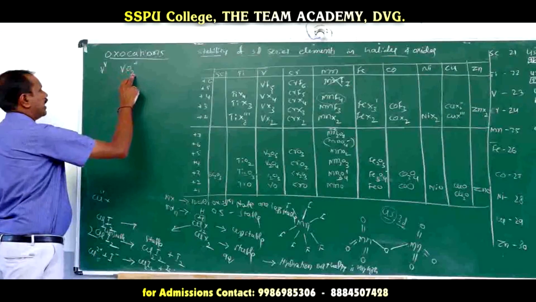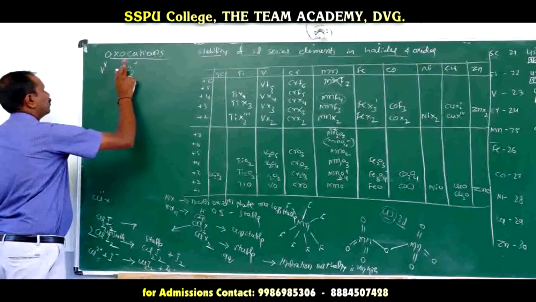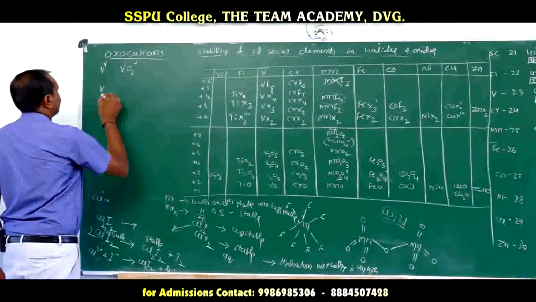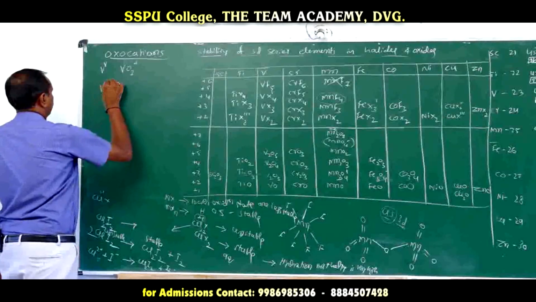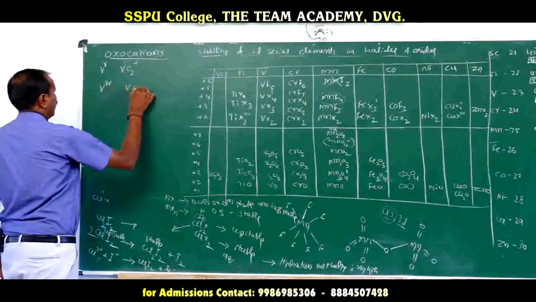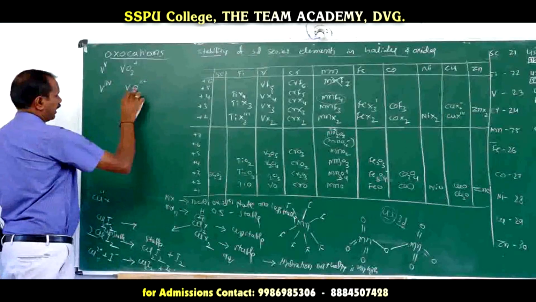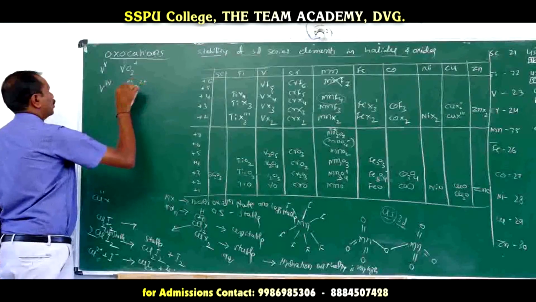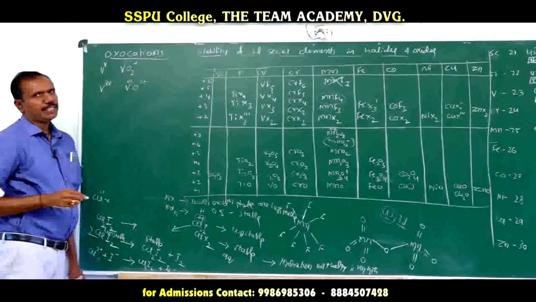Oxygen is -2 into 2, that is -4, so it becomes +1 when the oxidation number for V should be +5. Then vanadium in the oxidation state 4 is VO2+. Oxygen is -2 into 2, and vanadium should be in the +4 oxidation state. These two compounds are called oxocations.